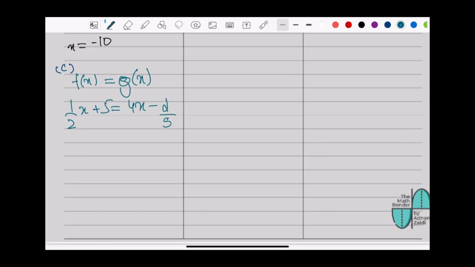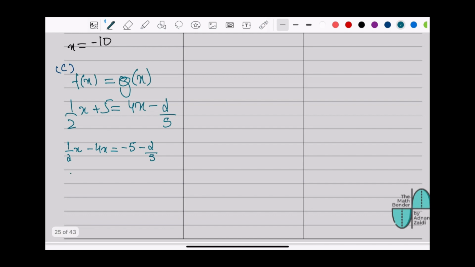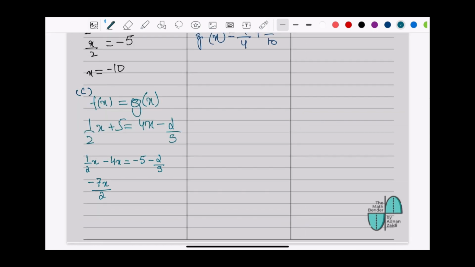Now you can take 1 over 2x minus 4x equals minus 5 minus 2 over 5. Minus 7x over 2, and for the LCM, 1 times 2 times 2 gives you negative 8. Negative 8 plus 1 gives you negative 7x over 2 equals negative 25 minus 2 over 5.